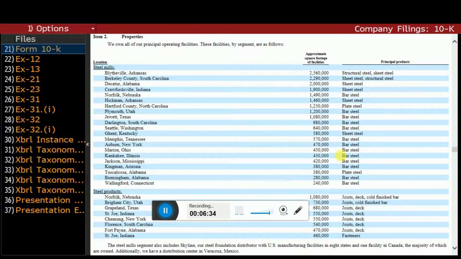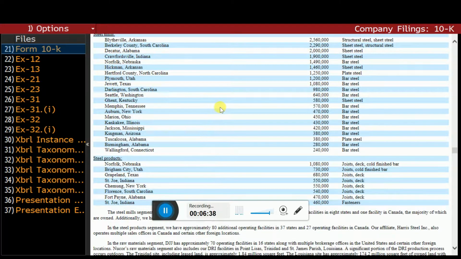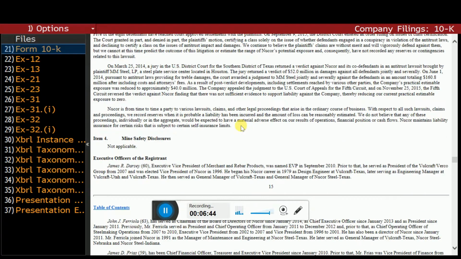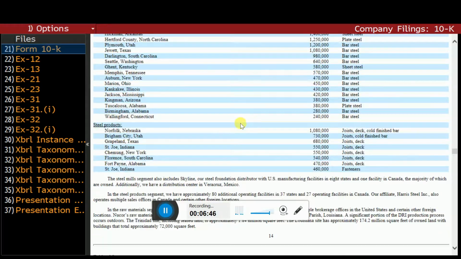steel mills. Their main focus is on steel production. They work with Japanese industries as well in producing steel. They're one of the top in the industry and material sector.